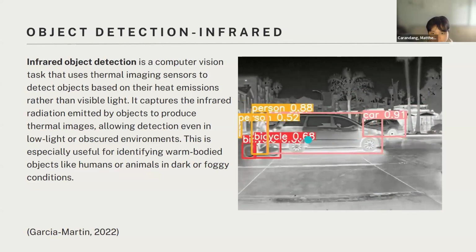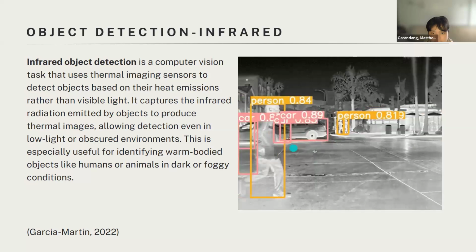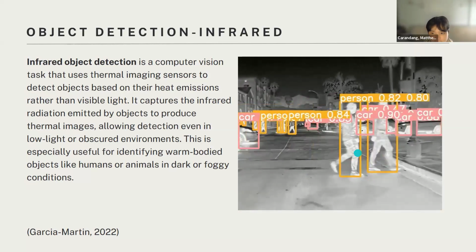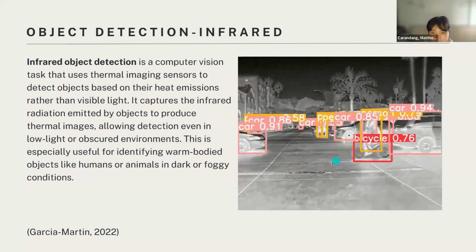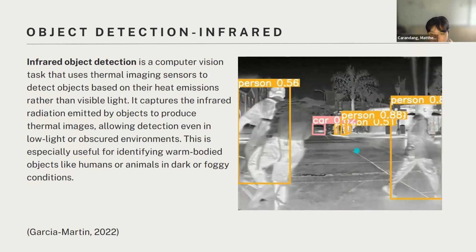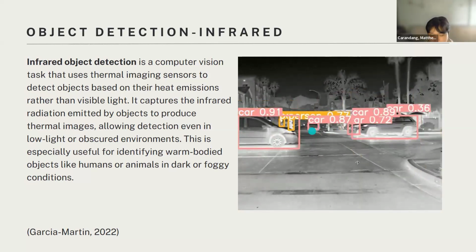In this GIF below, you can see that mostly the engine portion of cars and humans are the brightest, compared to, let's say, the roads, the inside of cars, or cars that are not running.